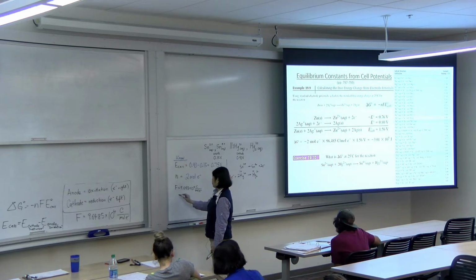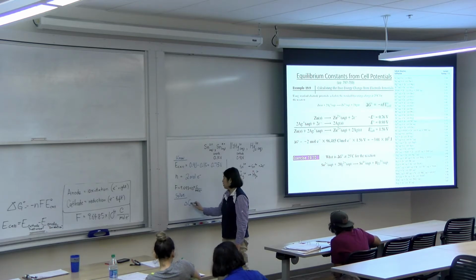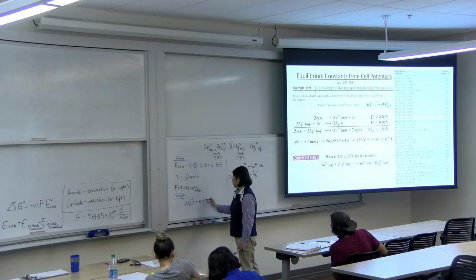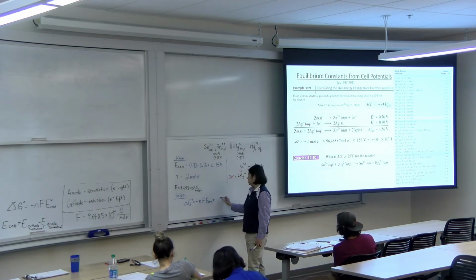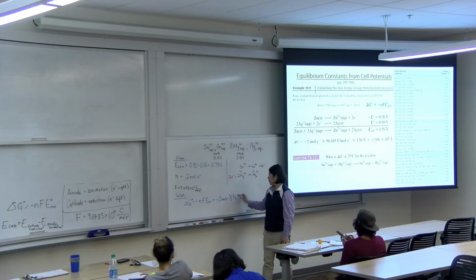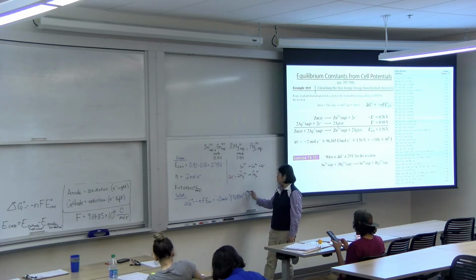Let's solve. To solve, we're just writing our equation. Delta G is equal to minus N F E cell. So really it is minus 2 moles of electron multiplied by Faraday's constant, 9.6485 times 10 to the 4th coulombs over moles of electron.